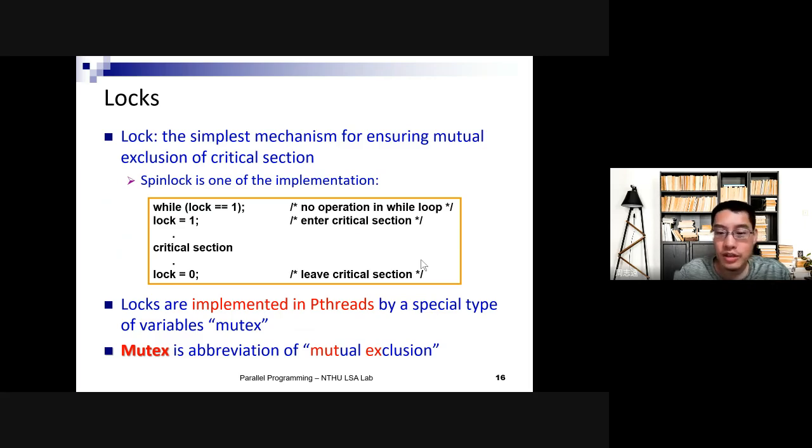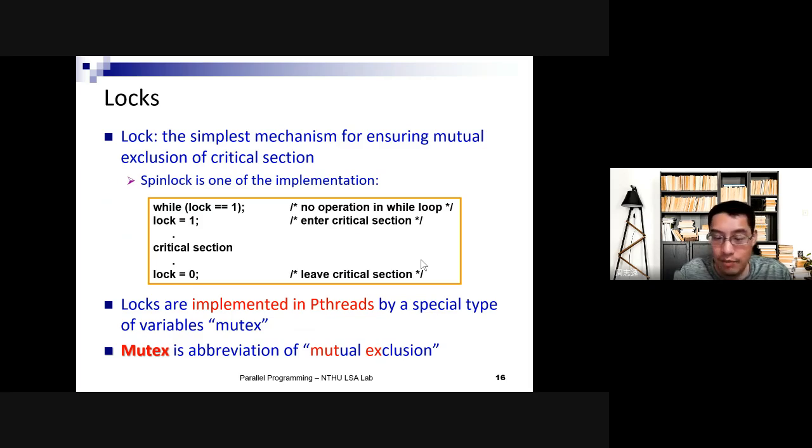So even so, the process cannot enter into the critical section. It still needs to execute the while loop and burn our CPU cycles. So it may not be something we want. Of course there are more efficient or better ways to implement those lock mechanisms.